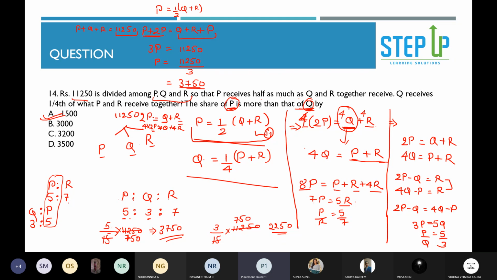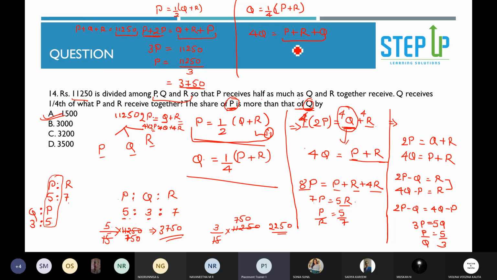All right, this is much simpler than going the other way. Similarly, from the second one, we are getting Q receives 1/4 of what P and R receives. So this will be 4Q is equal to P plus R. So what should I add here now, so that on the other side I'll get P plus Q plus R?